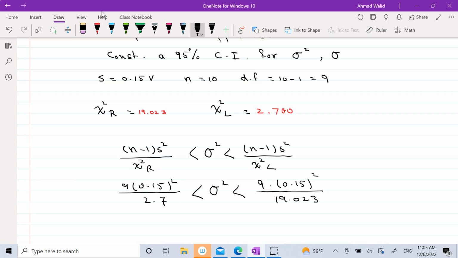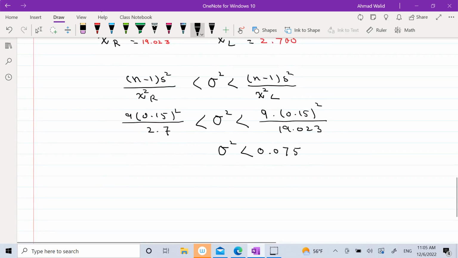And if you use your calculator, your variance will be between 0.0106 and 0.0750 after I round it off, correct?